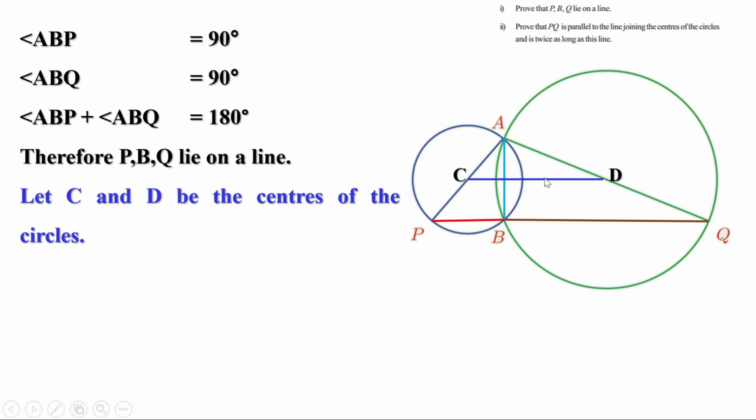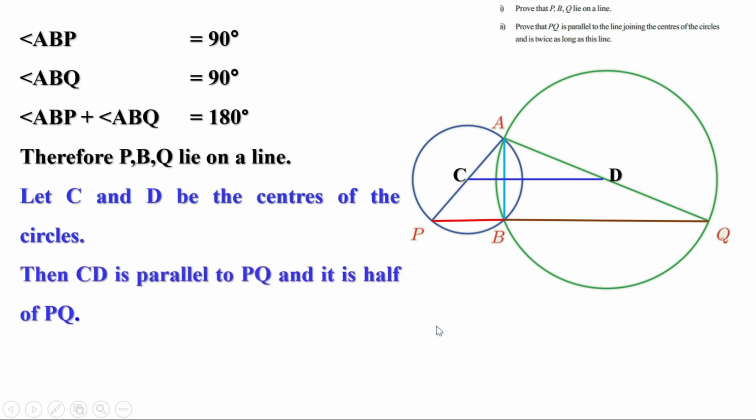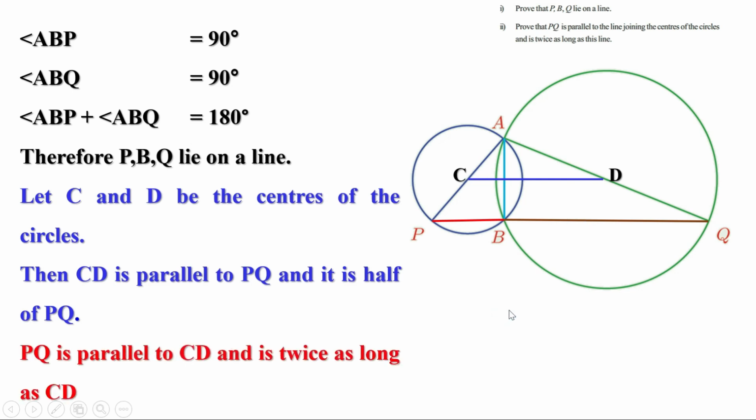That means CD is parallel to PQ and it is half of PQ. When CD is parallel to PQ, we can say PQ is parallel to CD. When CD is half of PQ, we can say PQ is 2 times CD. So we can say PQ is parallel to CD and is twice as long as CD.